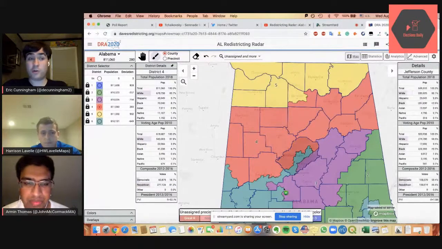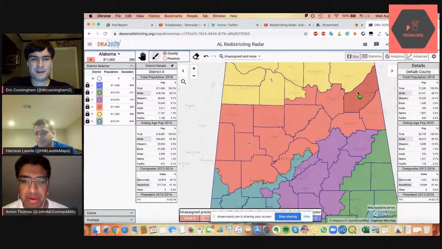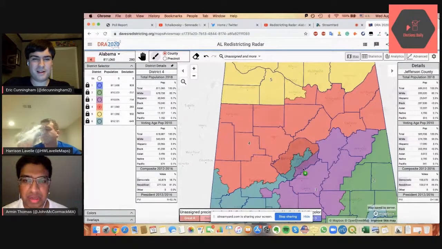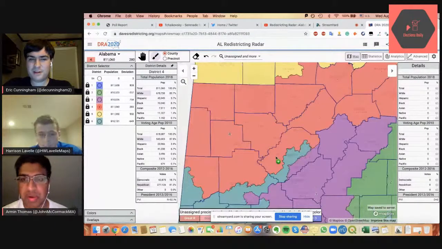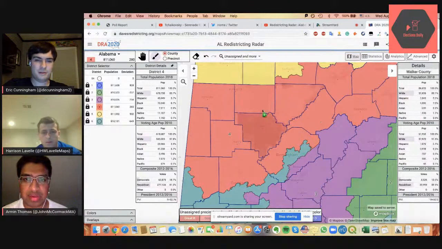Which is absurd. And as Jackson Bryman did say, it's redder than Texas 13. So it's not that sprawling of a district. If you think about it, most of the population is concentrated in these Birmingham areas and in these counties immediately to the north, the far exurbs of Birmingham.